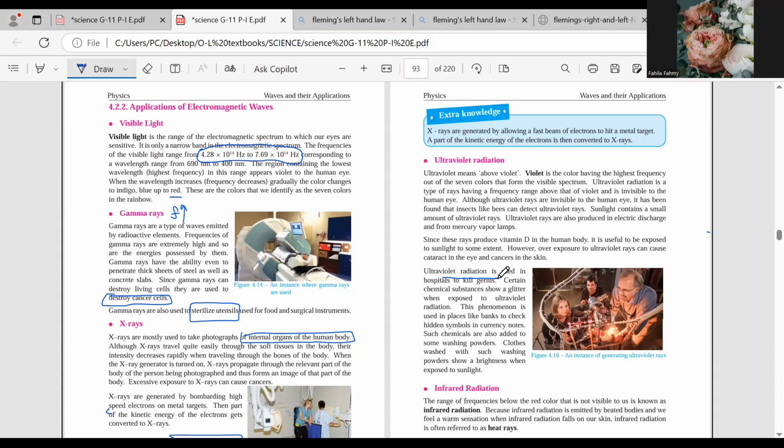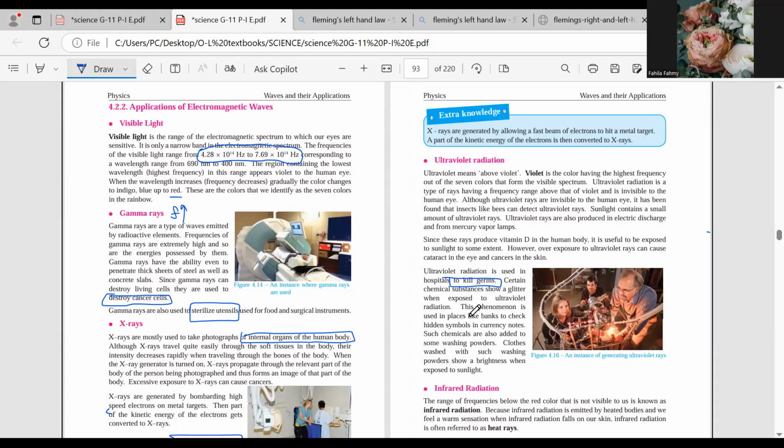To kill germs, right? That's basically the reason that when we wash clothes, when we expose these clothes to the sunlight, we put them in the sun.